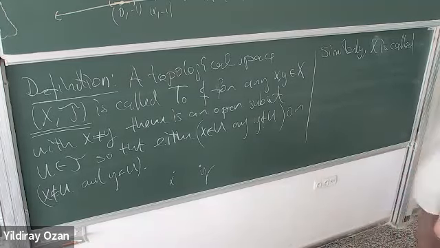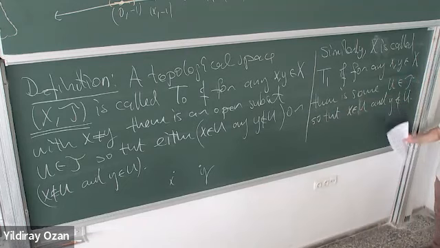Similarly, X is called T1 if for any x, y in X, there is some U in tau so that x is in this U and y is not in U. So this time you have the control.